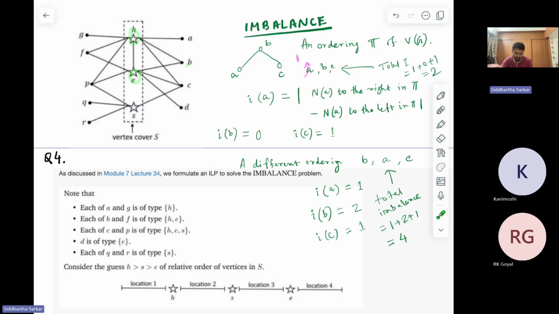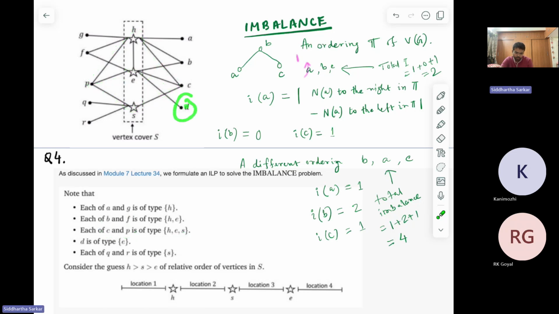B is also connected to H and E. So B and F are of type HE, and C and P are connected to all the vertices in the vertex cover. C is connected to all three, and P is also connected to all three. Therefore, C and P are of type HES.